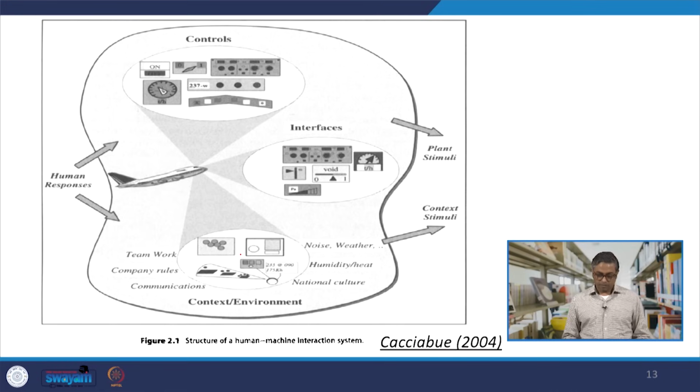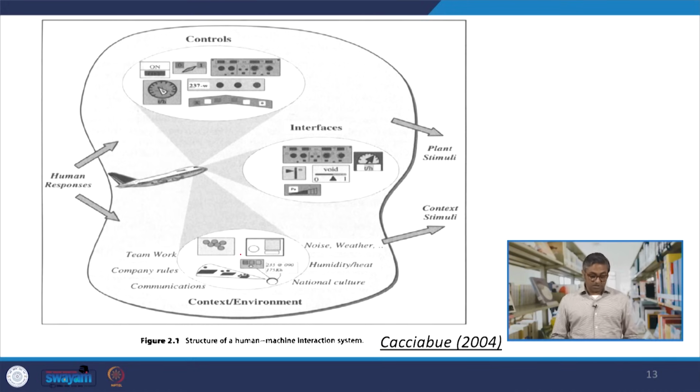Even the slightest error, a slight delay in information processing, a slight delay in information exchange, may result in a severe accident.